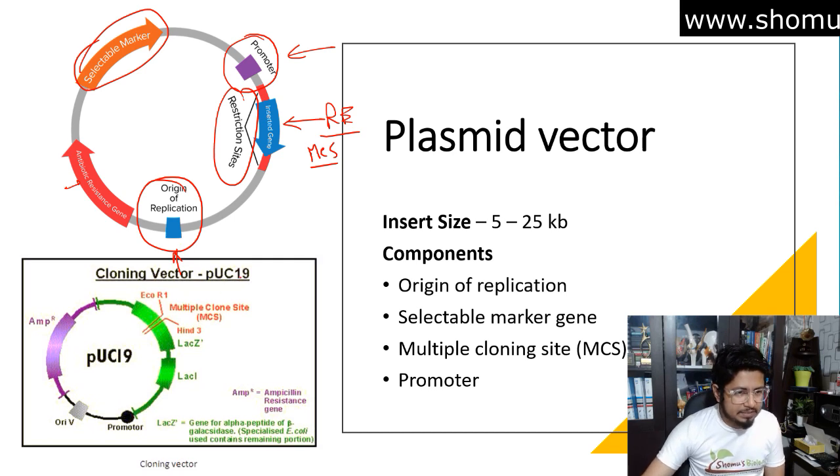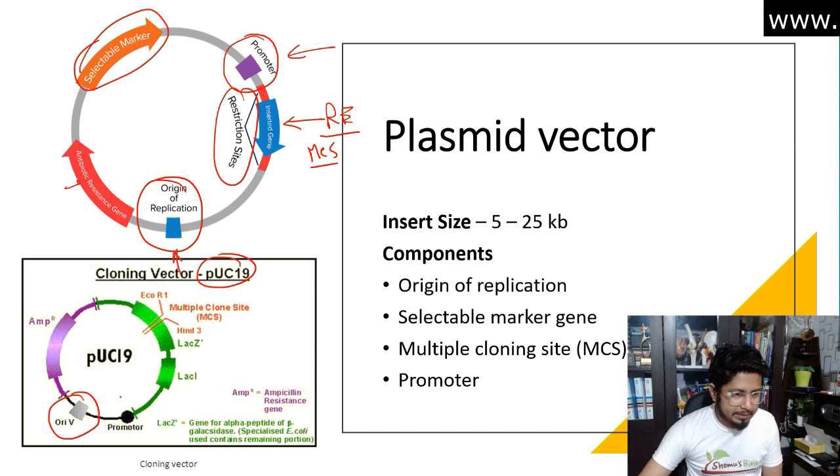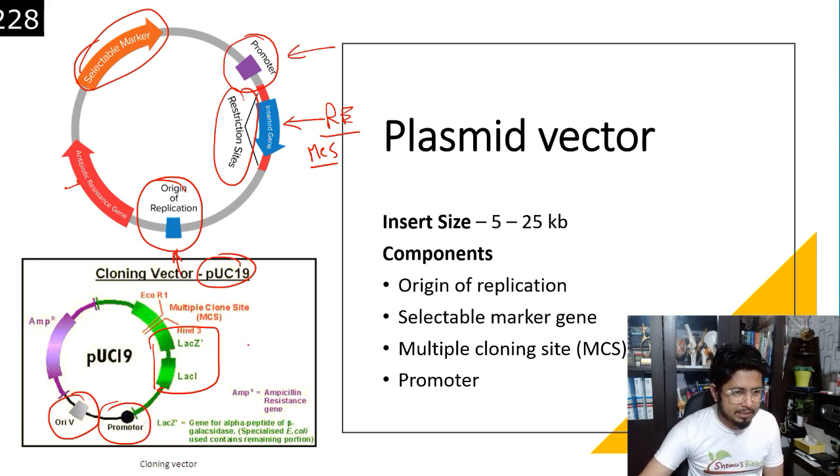This is one example of a plasmid vector known as pUC19. You can see that it has origin, it has a promoter. What else does it have? It has LacZ and LacY genes as well, which are used along with the multiple cloning site or MCS. So the MCS or restriction endonuclease site is within the LacZ gene.